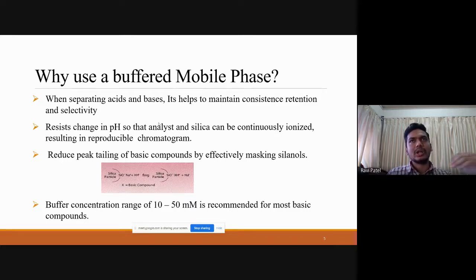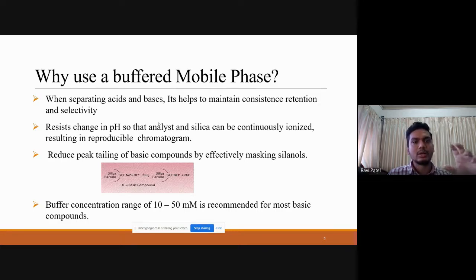So they introduce a buffer, and as we all know, a buffer resists pH change. By introducing a buffer, we are fixing the pH, and by fixing this pH, we are obtaining a reproducible chromatogram.